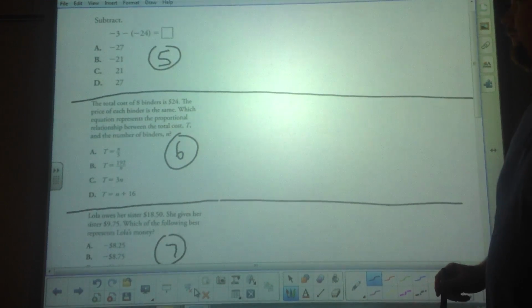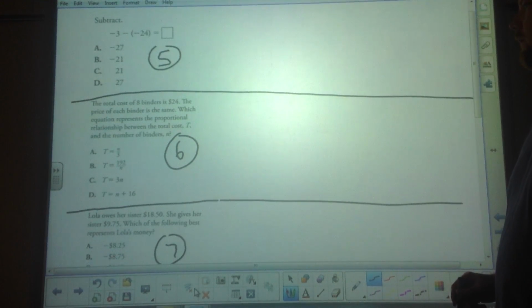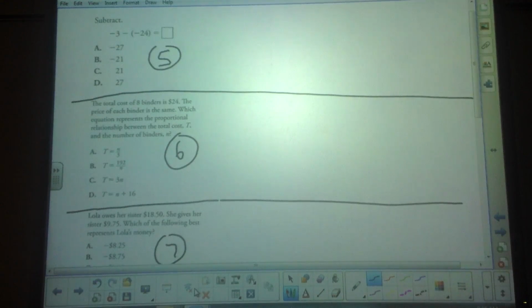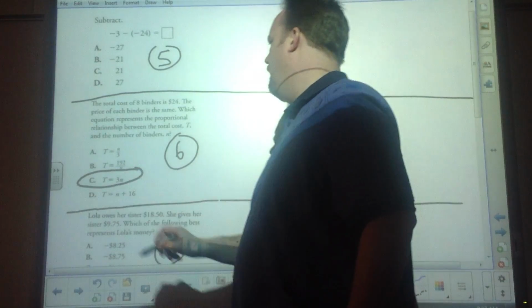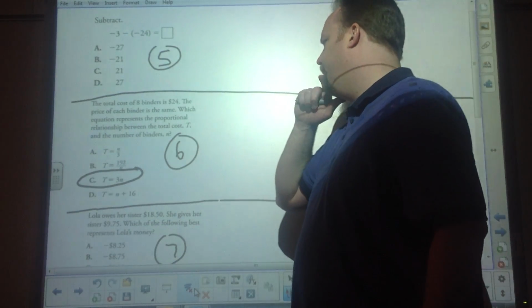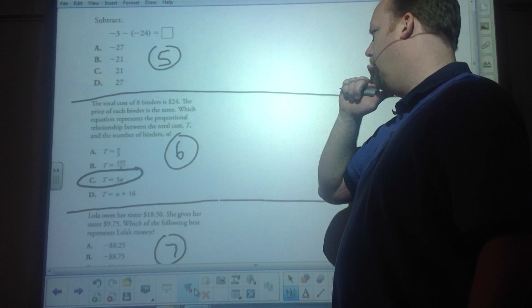The total cost, if I multiply, bear with me, I've got to get my bearings straight here.